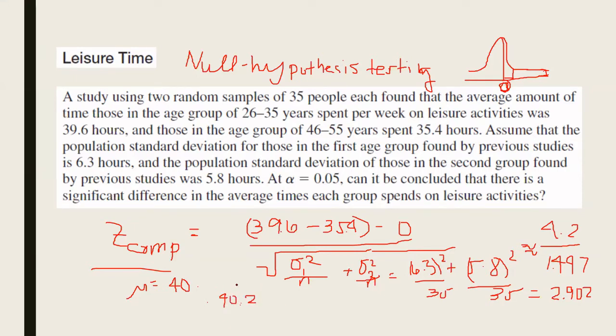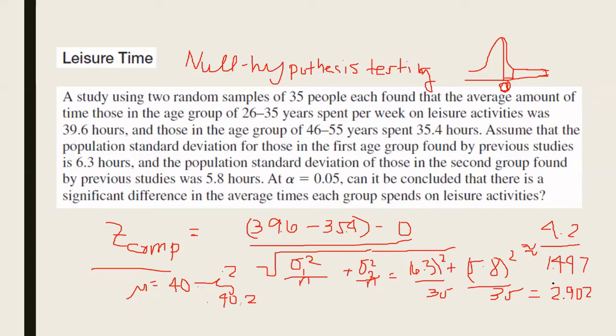So is the difference between 40.2 and 40 big enough to say that the sample came from a different population or not? So we're actually trying to determine whether 0.2 is big enough to conclude that the mean is not actually 40 in this case. It becomes zero because we made the transformation. Okay? So that's actually the question that we're trying to answer.